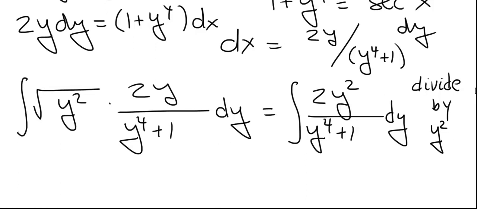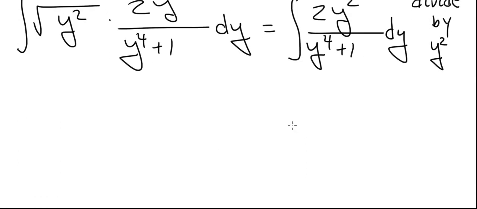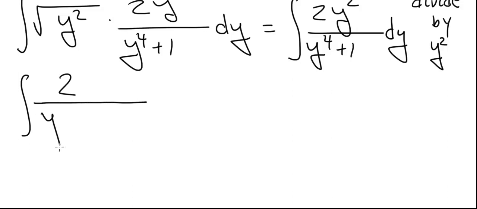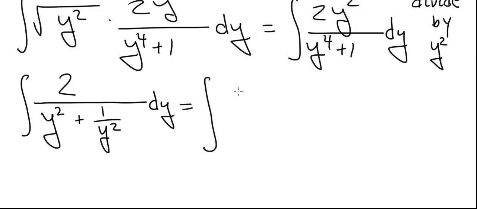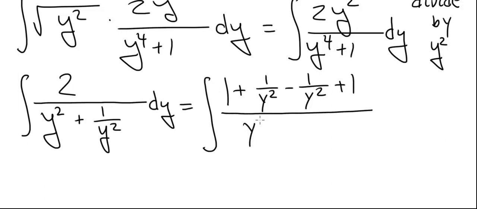And that will give us the following. The numerator, 2y squared over y squared is 2 divided by y squared plus 1 over y squared dy. I'm going to write 2 in the following way: 1 plus 1 over y squared minus 1 over y squared plus 1 divided by y squared plus 1 over y squared dy. Notice that the numerator is 2 because 1 over y squared minus 1 over y squared cancel.